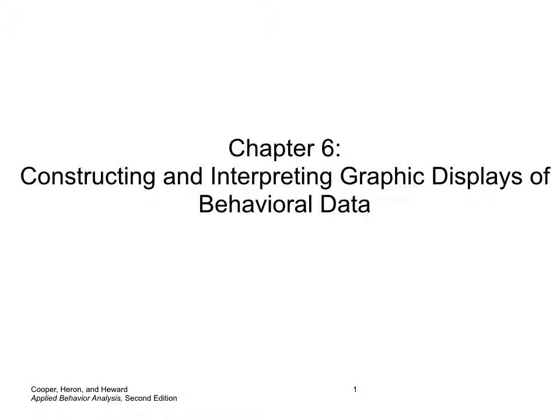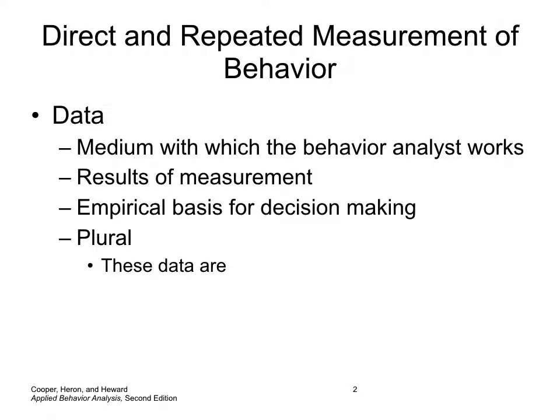Let's talk about chapter 6 first. Behavior change is a dynamic and ongoing process. Applied behavior analysts are interested in documenting and analyzing repeated measures of behavior change over time.